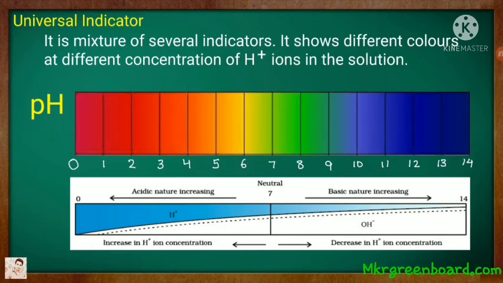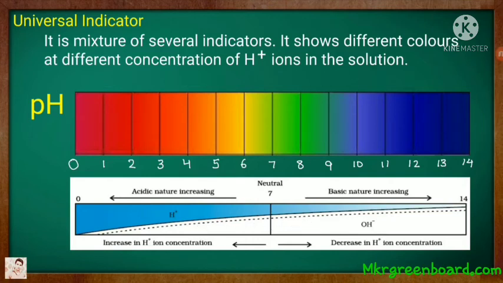pH 7 is neutral. When it is below 7, it is called acidic in nature, and when it is above 7, it is called basic in nature.